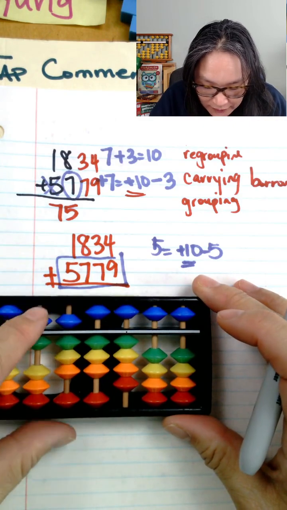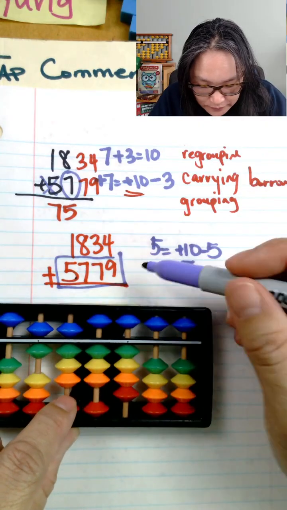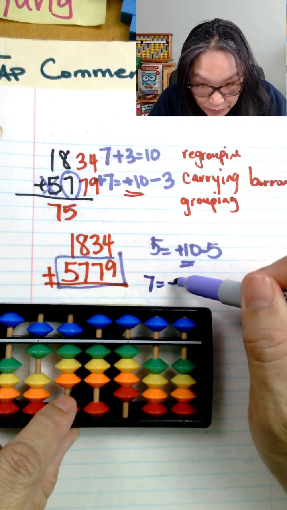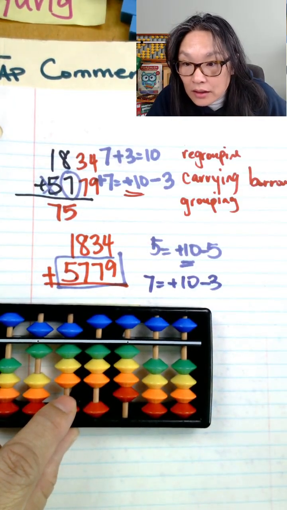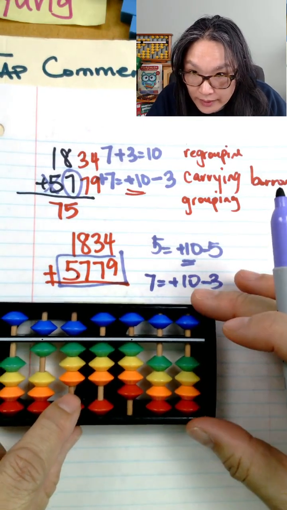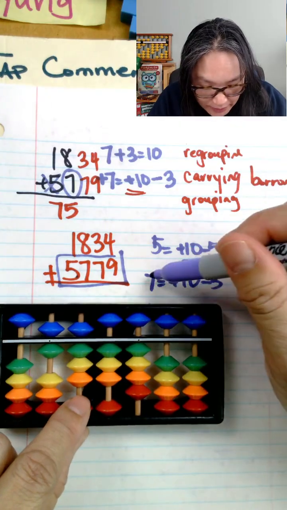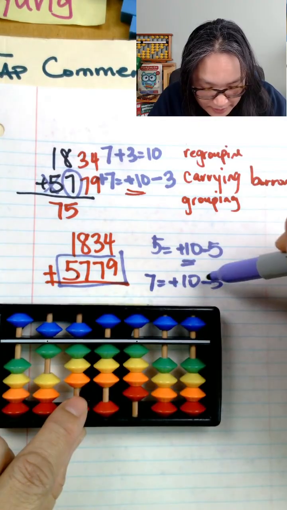So what I'm going to do is I'm going to plus the 5. Sorry, I'm going to add the 5. So then I plus the 7. Again, remember, 7 is equal to plus the 10 minus 3. I'm adding the 7, plus the 10 minus the 3.